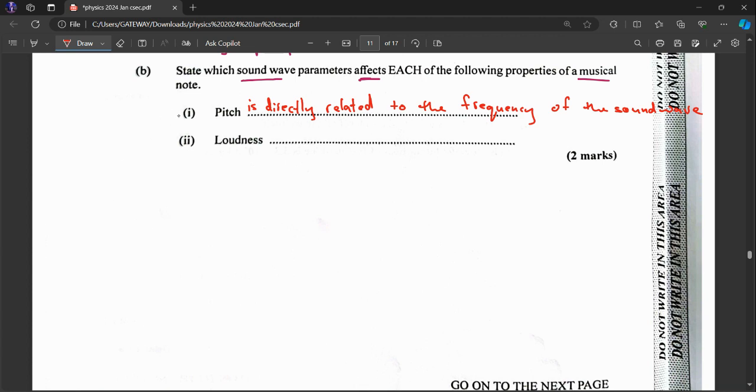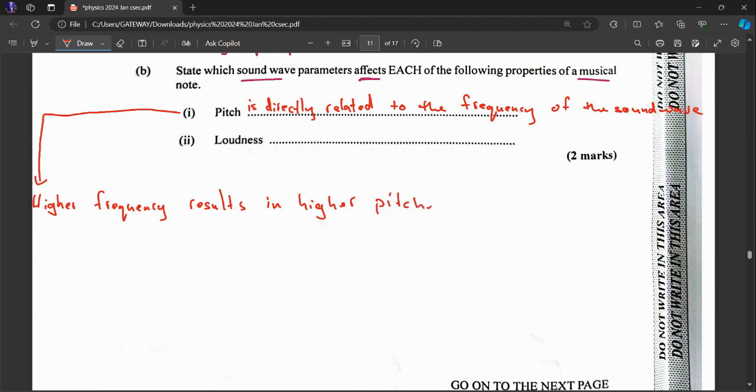So basically what this means is that higher frequency results in higher pitches, obviously.